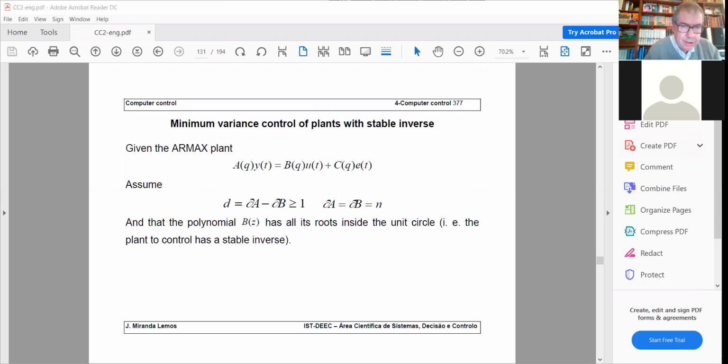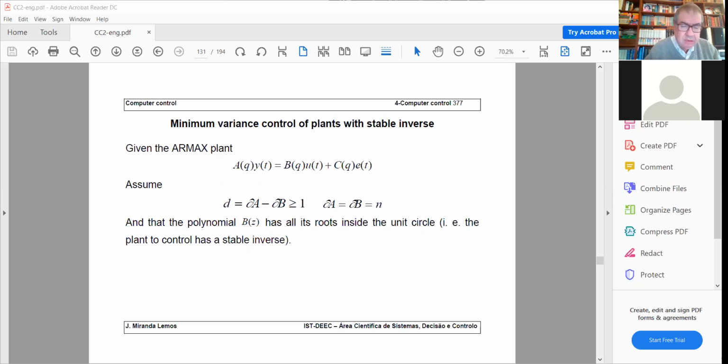This is the 17th lecture on computer control, and it's about stochastic control. Stochastic control is perhaps a very heavy word. What we want to do is to control plants, linear plants, described by a transfer function, or equivalently by a difference equation, that are excited by some steady state random signal.